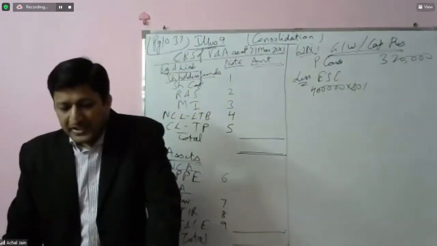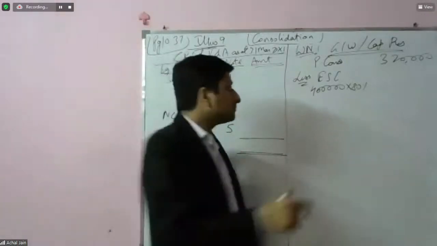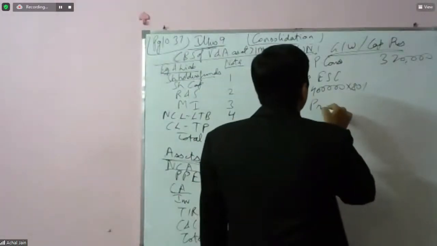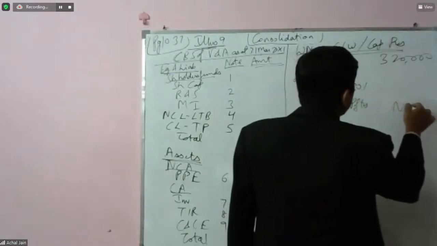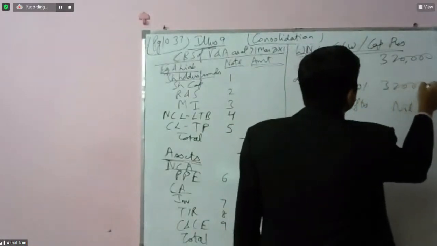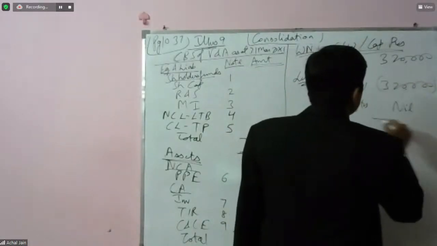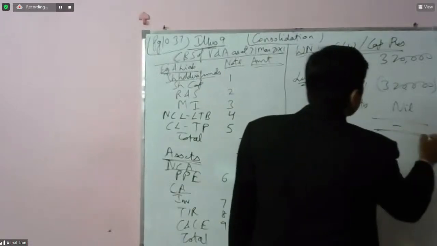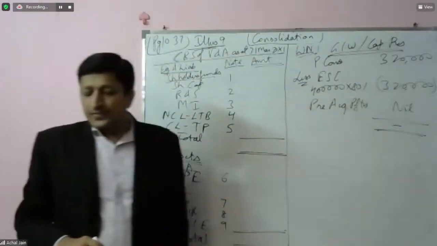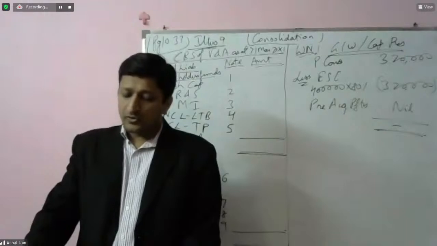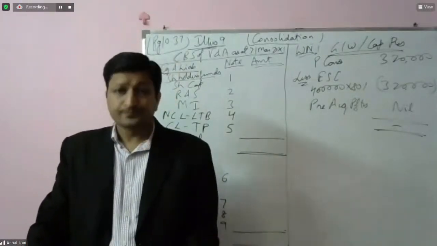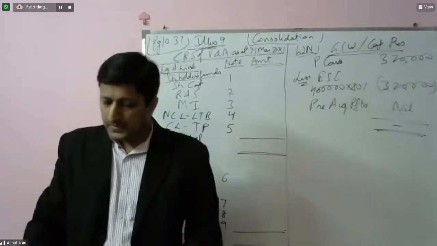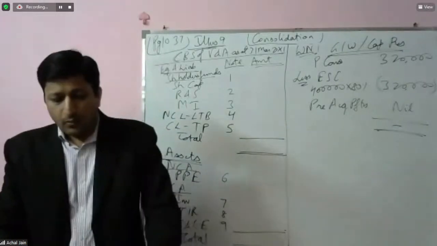Do we have any pre-acquisition profits? No. This is 3,20,000. So we have the strange case wherein neither there is goodwill nor there is capital reserve. Correct? Okay.